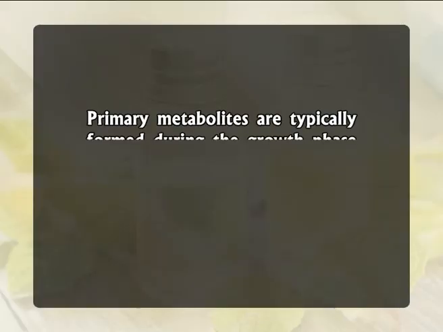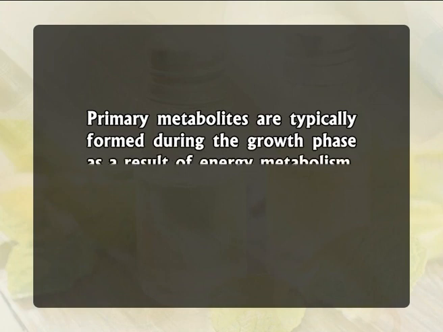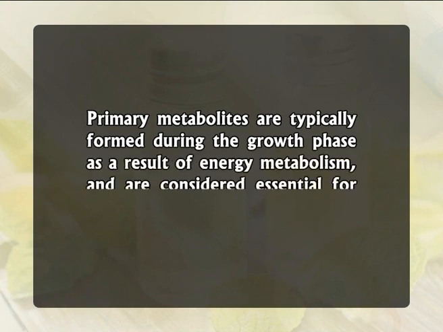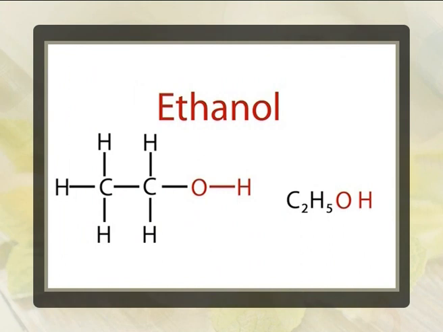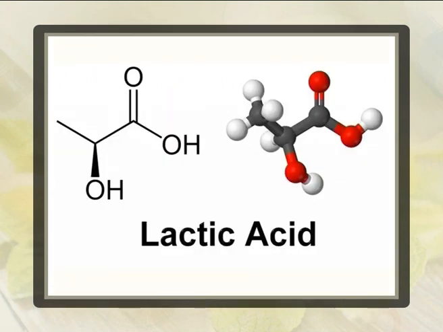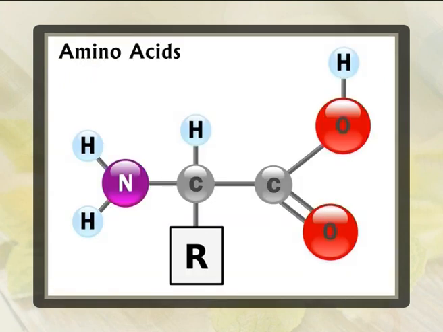Primary metabolites in microbes are typically formed during the growth phase as a result of energy metabolism and are considered essential for proper growth. Examples of primary metabolites include alcohols such as ethanol, lactic acid and certain amino acids.